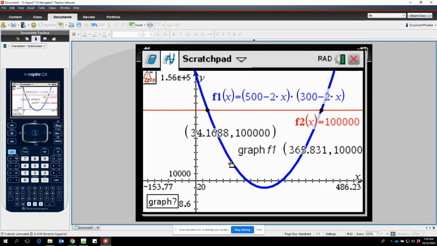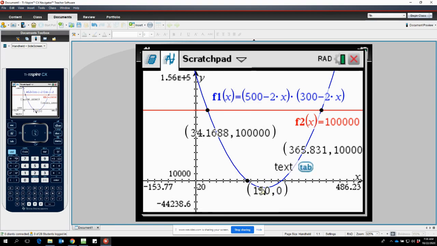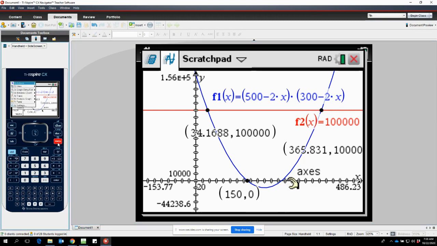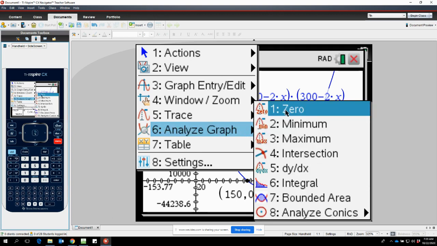And you want to find the zeros of this parabola. So press on the parabola, the lower bound, press on the left of the zero, and then press on the right of the zero. So this is one of my zeros. And there is another zero here, which is going to be extraneous, but let's just find it so we can see why. Menu, analyze graph, zero.